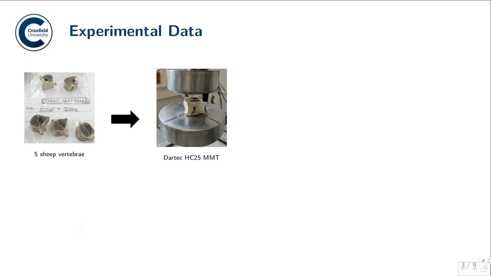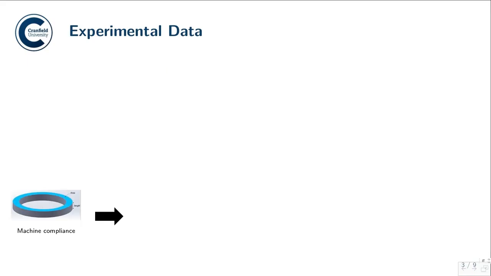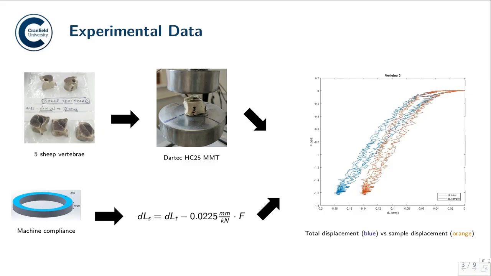We also studied the machine compliance, and we found this equation that could allow us to figure out how much the machine itself was compressing, and we could find the real data of the samples.